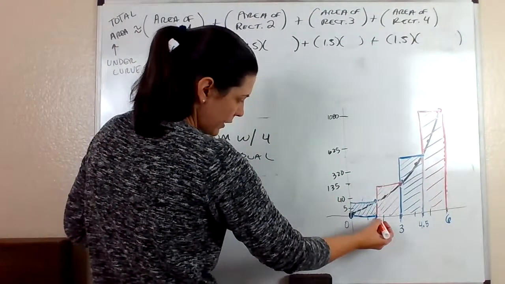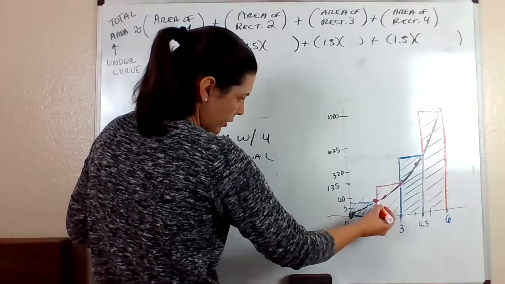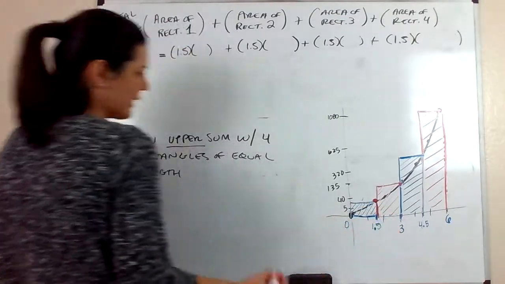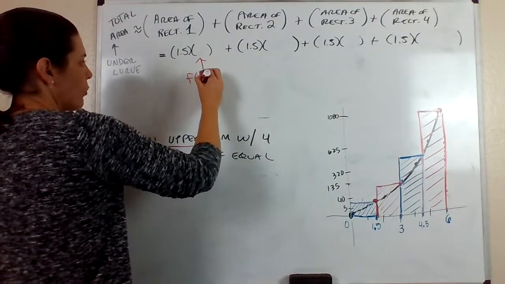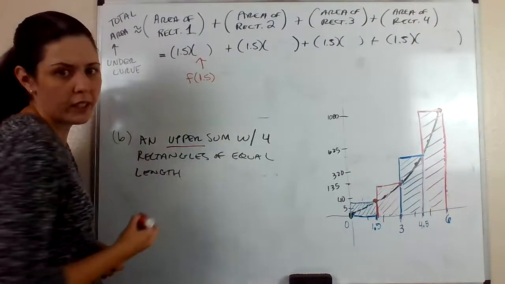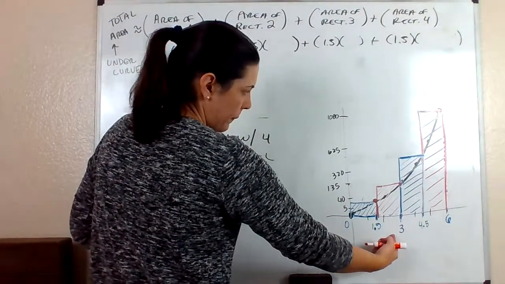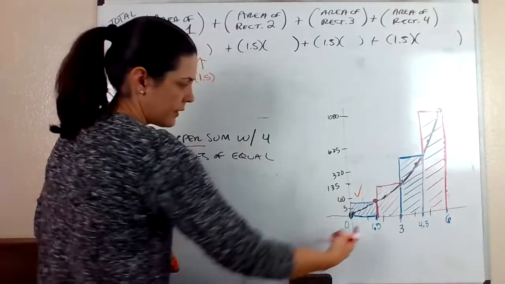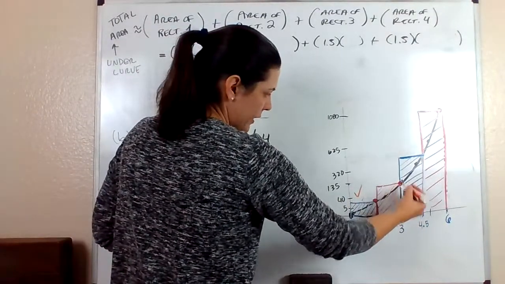This height on the lowest rectangle happens at 1.5. So rectangle 1 has a height of 1.5. So right there, I have to compute f of 1.5, which I think we already did in our previous work. The second rectangle, let me just check that off. The second rectangle, the height looks like it happens at 3.